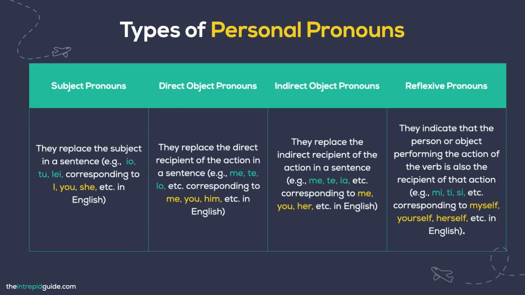Indirect object pronouns. These replace the indirect recipient of the action in a sentence, corresponding to me, you, or her, and so on in English. Reflexive pronouns. These indicate that the person or object performing the action of the verb is also the recipient of the action. This corresponds to myself, yourself, and herself, and so on in English.